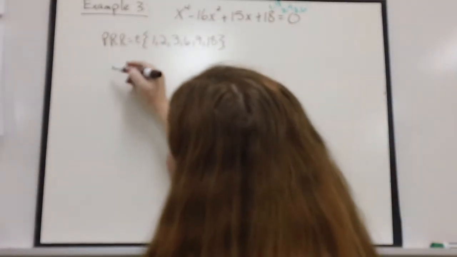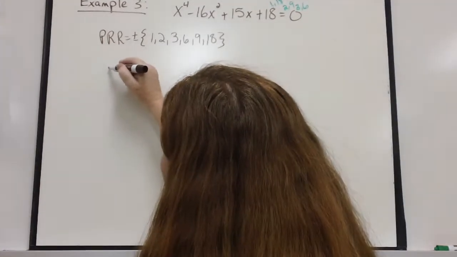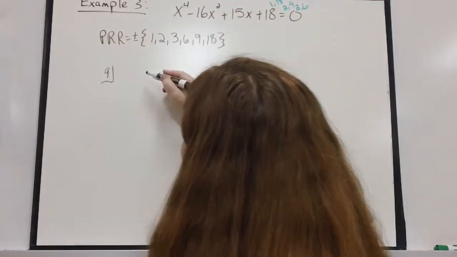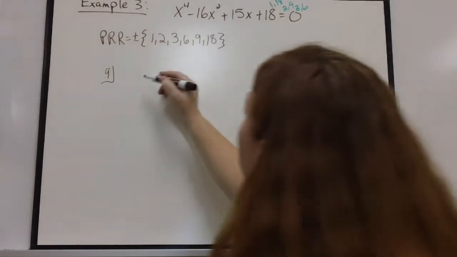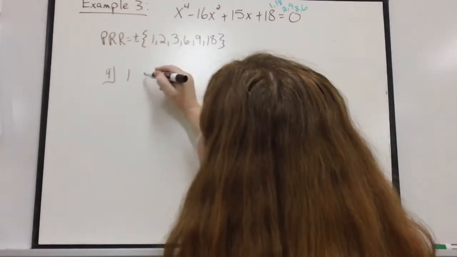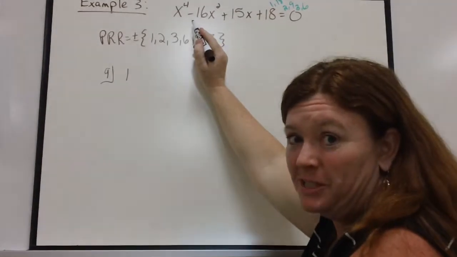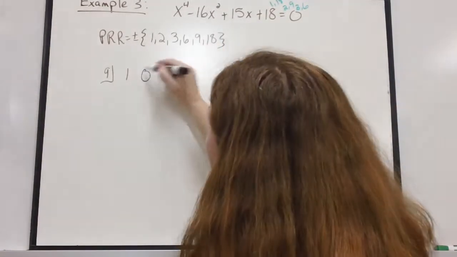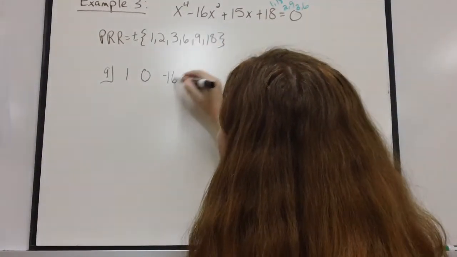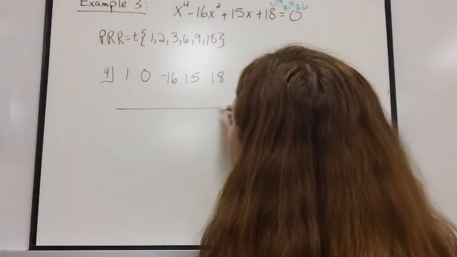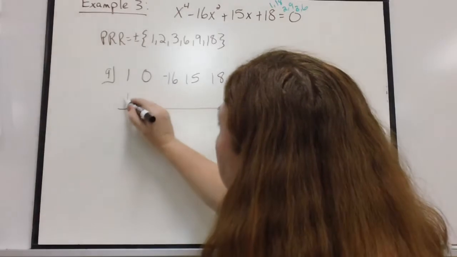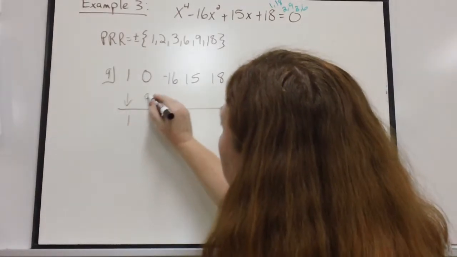Okay, so let's see. I will try 9. Although it's pretty large, I'm kind of guessing with this. I'm going to dread this. I am missing a term, so I have to put in my 0. Watch out for that. Bring down the 1, times 9, add them.